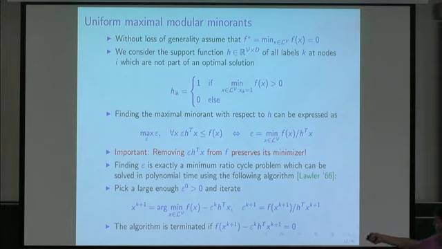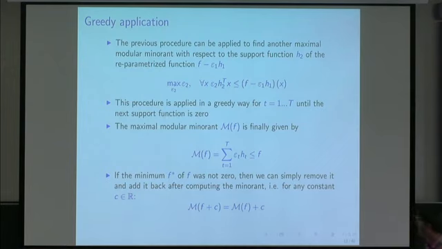As I mentioned before, if the minimum of our function was not 0, we can simply remove it and then add it back to the minorant again. So here's a simple example of a Potts model. What you see here in the circles are the unary costs, and it uses a Potts prior.